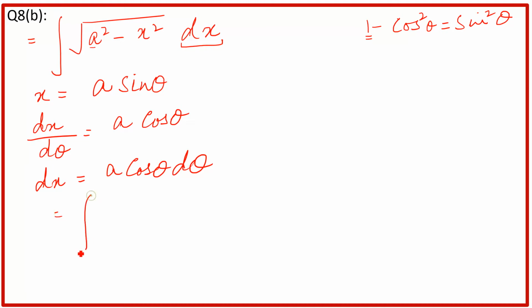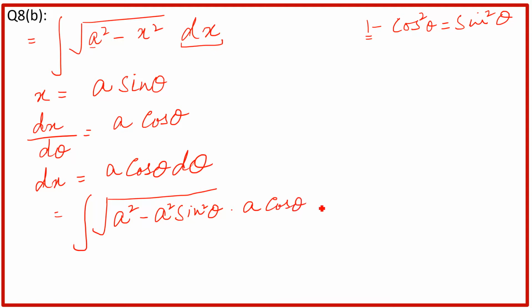We will put the values here, so a square will remain the same, which is constant. Instead of this x square, x is equal to a sine theta, which gives a square sine square theta. Instead of dx, we can put a cos theta d theta.